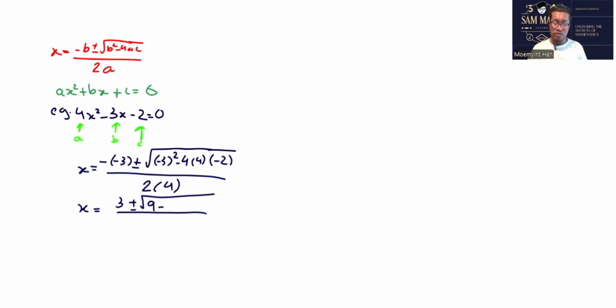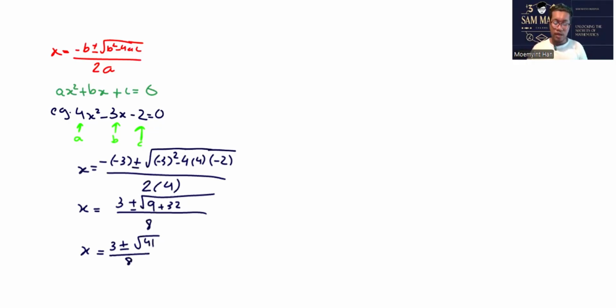The negative became a positive, so 32. And then we have 8 over here. So x equals 3 plus or minus the square root of 41, over 8.